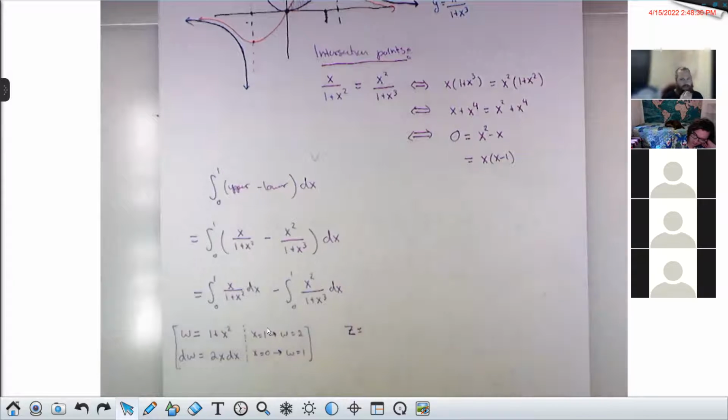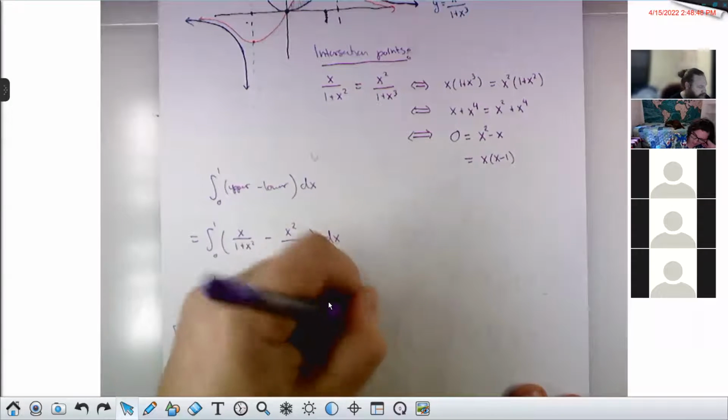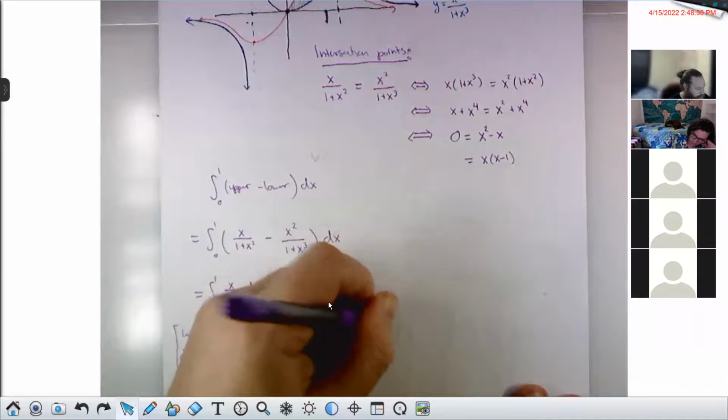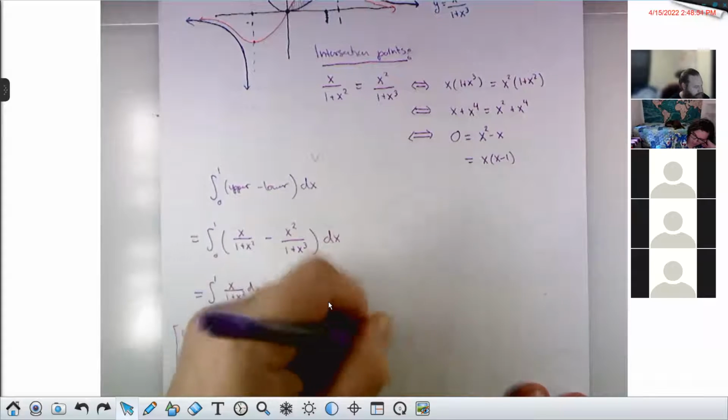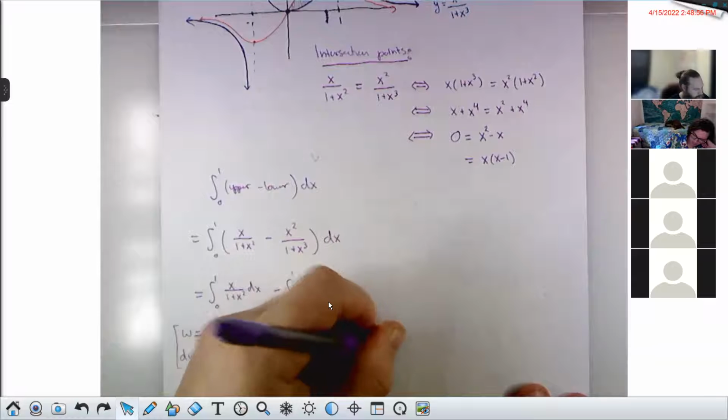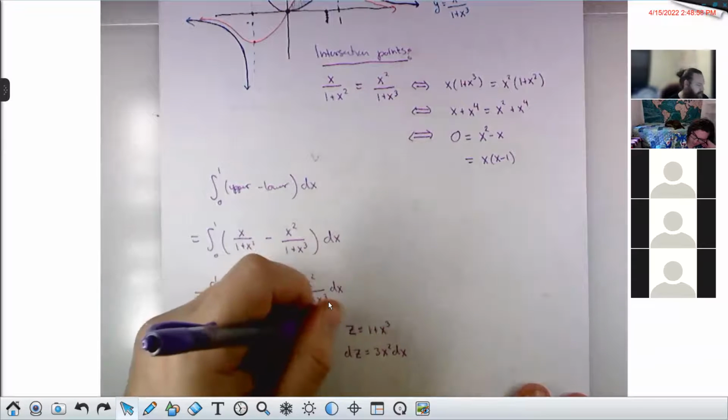I'll use the letter z to substitute in the second integral. And the same sort of ethos works here, right? I think of this as a 1 over z, and the x squared dx is almost exactly dz because the derivative of 1 plus x cubed is 3x squared. So sub z equals 1 plus x cubed, and then dz is going to be 3x squared dx.